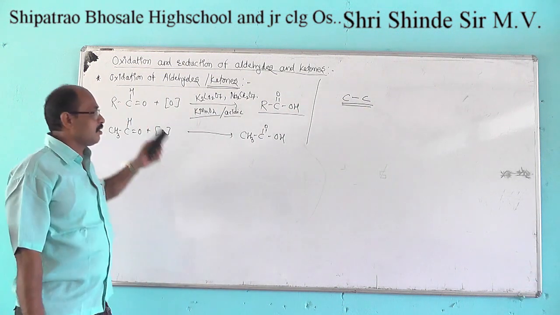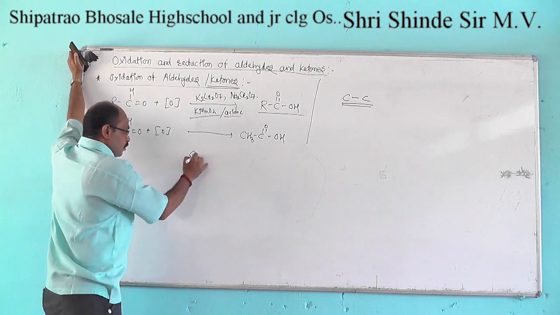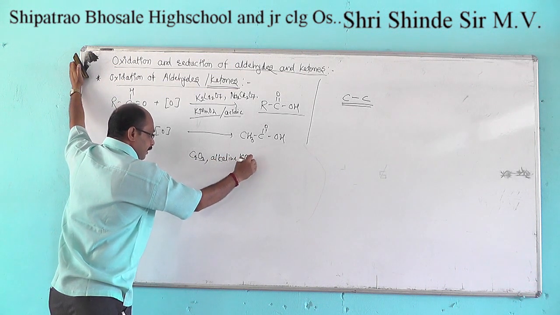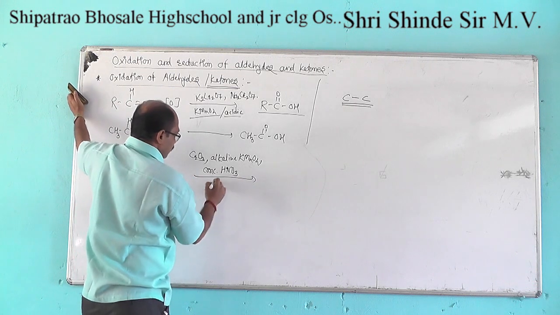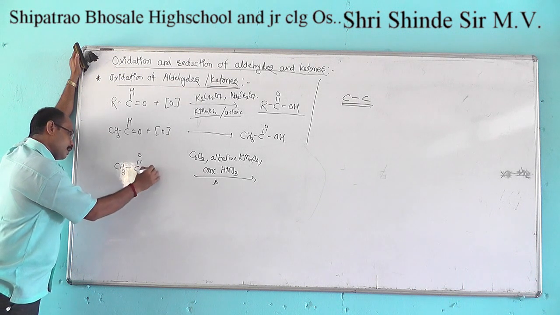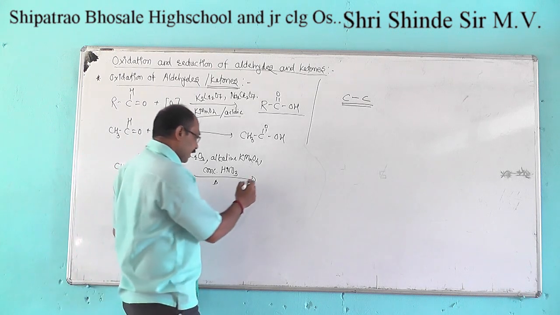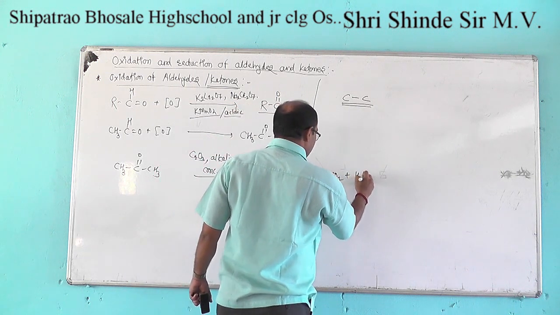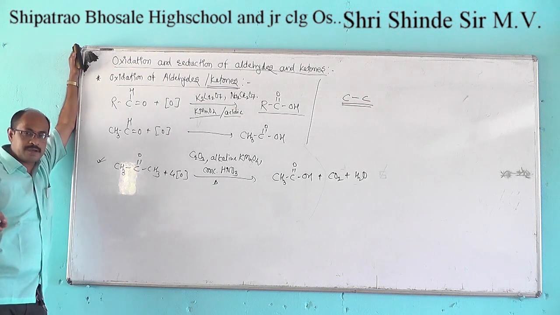So these are not easily oxidized, but when we use strong conditions, like strong acids such as chromic acid, alkaline potassium permanganate, or concentrated nitric acid, and these are strongly heated, the ketones give us the production of corresponding carboxylic acids. These are the simple ketones which give us only one type of carboxylic acid.